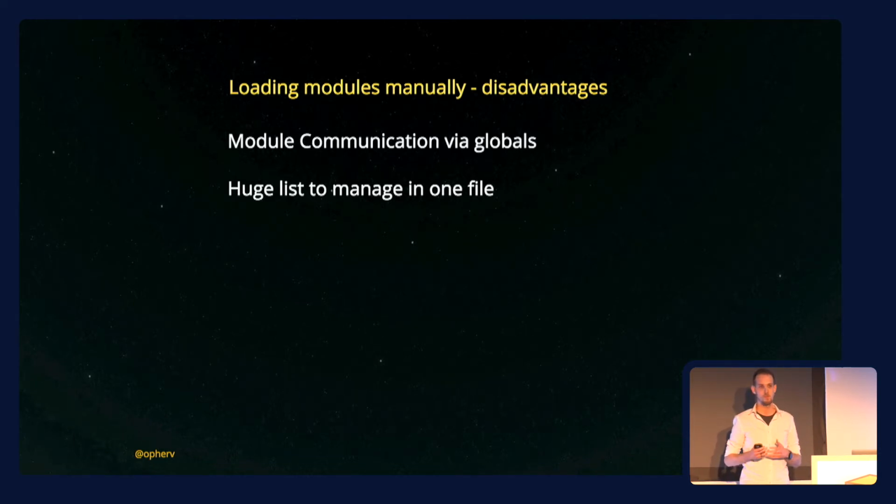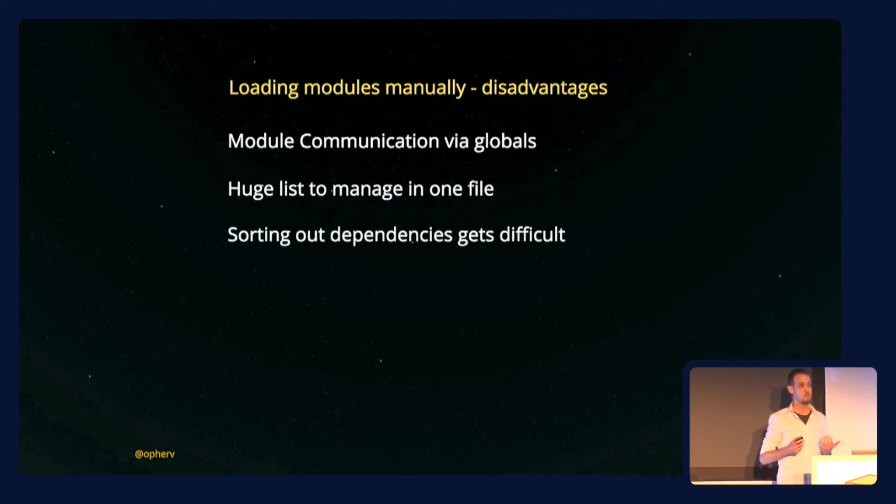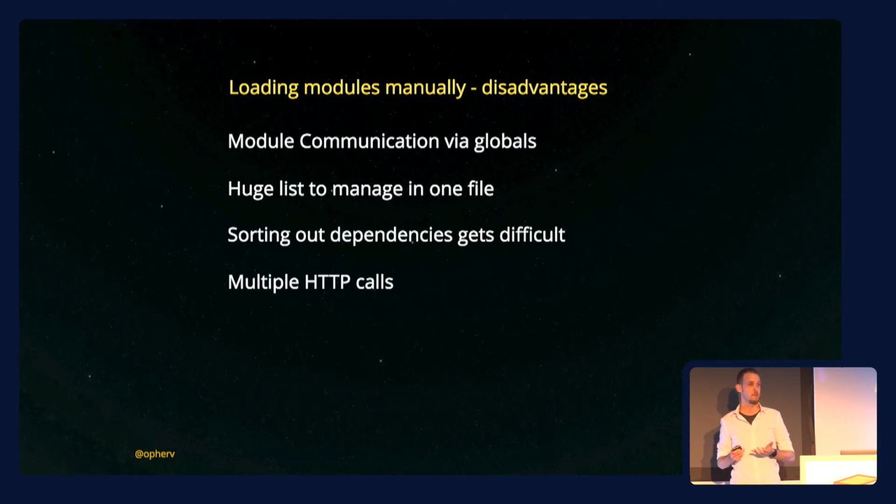And if you're several developers working on the same thing, you'll be stepping on each other's toes all the time. Sorting out dependencies will get really difficult, because if you have module A that needs module B, and module B also needs module A, which one do you put first in your HTML? OK. And like we saw earlier in Anna's talk, multiple HTTP calls for each and different asset that you need, which is a bad thing.